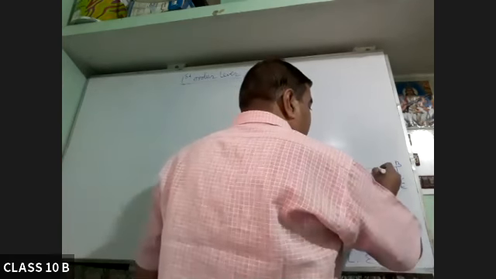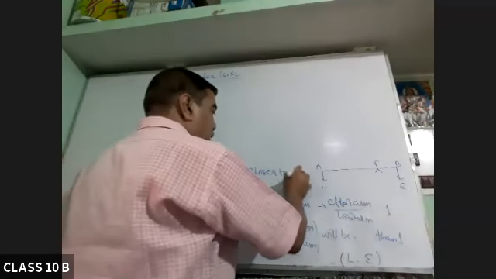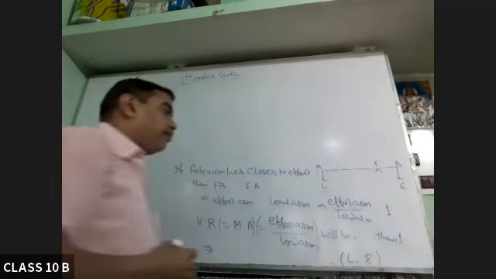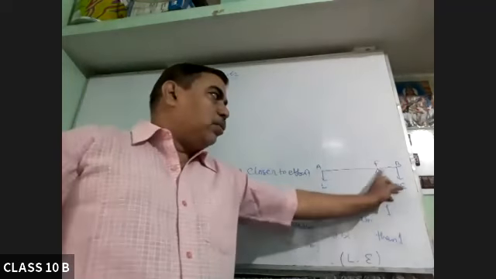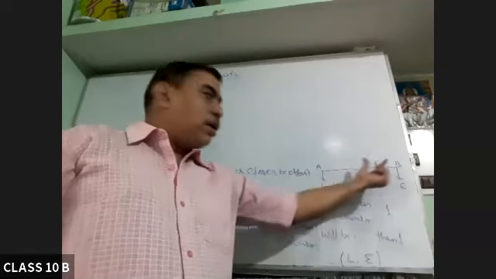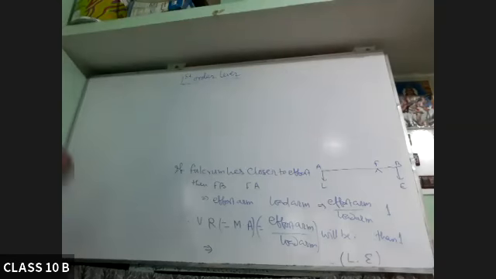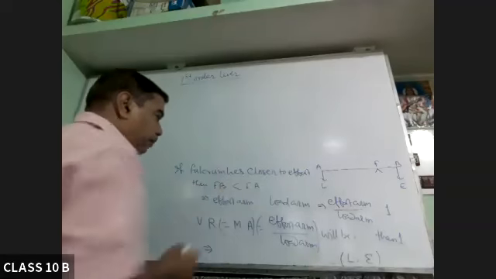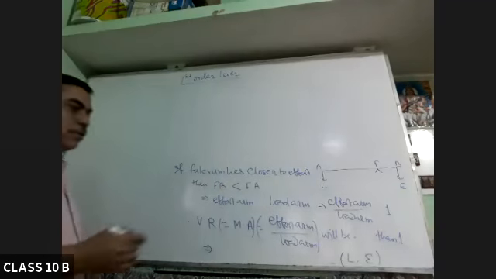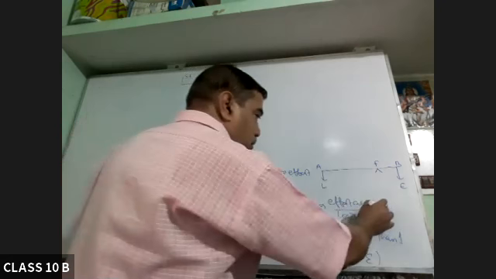So if the fulcrum lies closer to effort, now the fulcrum is here, closer to effort. This load arm is longer, effort arm is shorter. So this FB is less than FA. That is, effort arm is less than load arm. So it will be less than 1.